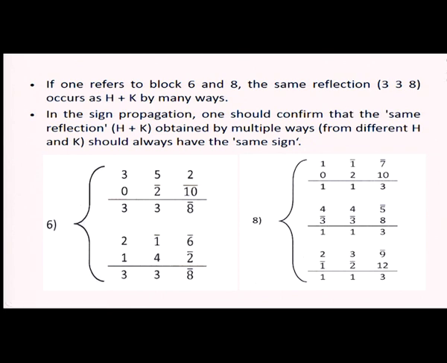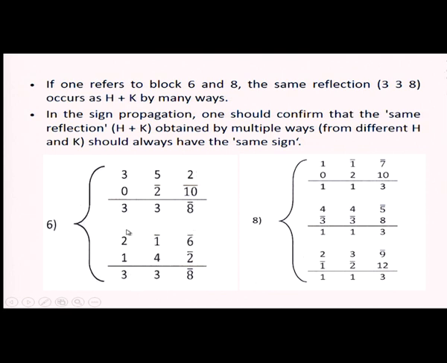Now, let us see this block 6 and 8. See here, by doing addition of different reflections, I get the daughter reflection to be the same. See, 3 3 8 bar is a new reflection, and that is got in two different ways. From 3 5 2 and 0 2 bar 10, when I add, I get 3 3 8 bar, because 3 plus 0 is 3, 5 minus 2 is 3, 2 minus 10 is minus 8.